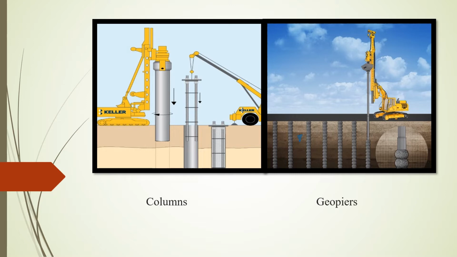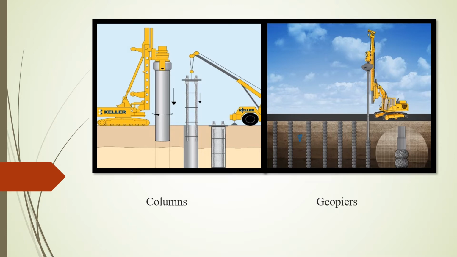Columns and geopiers. These are also very popular methods. Columns we usually use to transfer load from the structure directly to the high strength material. And geopier is another option we have, where we use stone piers, which are compacted by the use of a hammer, which is specialized equipment.